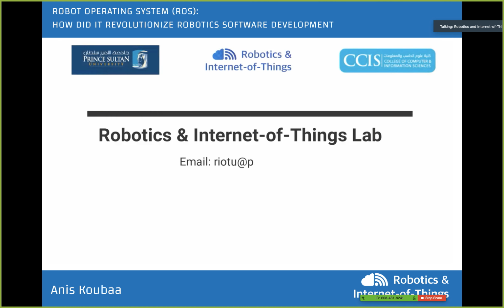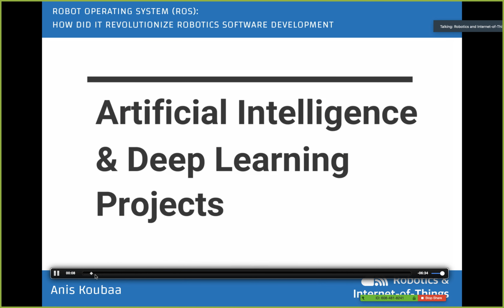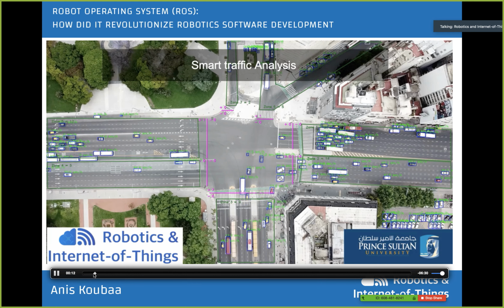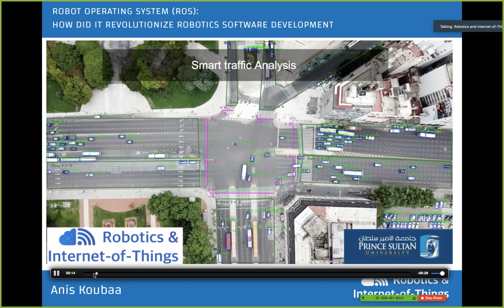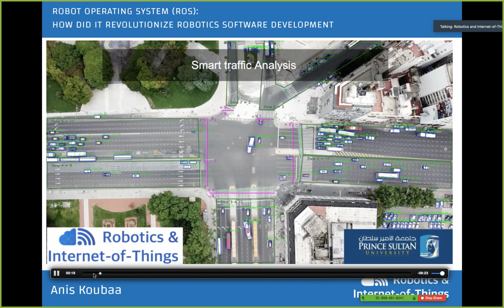Okay, let me give you an overview of the latest projects that we have been developing in the context of the activities of the Robotics and Internet of Things Lab. Basically, we have projects around artificial intelligence. For example, here we work on smart transportation systems from aerial images captured by drones.